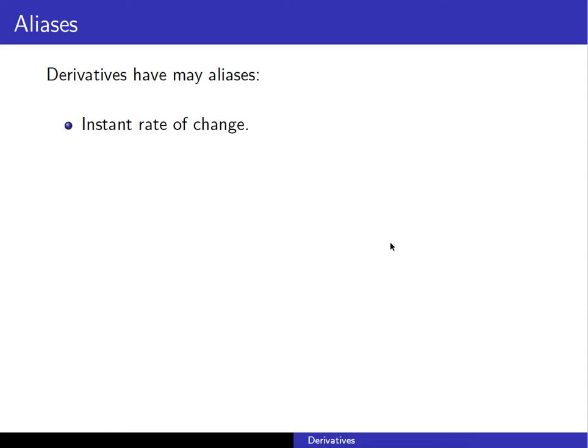So if you see or hear that phrase, think derivative. The tangent slope to a curve is also an interpretation of derivative. Tangent lines are lines that intersect a curve at one spot and only one spot. So the tangent slope to a curve is finding the derivative of the function at that point.